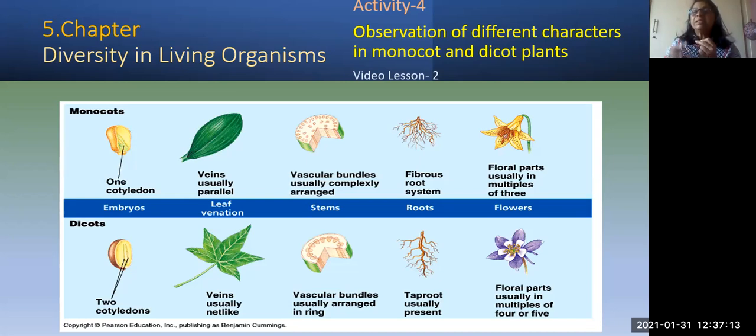So it is called scattered vascular bundles. If you see here, the vascular arrangement is in a ring structure. Can you see here? There is a proper ring. Here, there is no ring. Here, some are near the edges, some are in the center, but these are all just nearer to the epidermis.